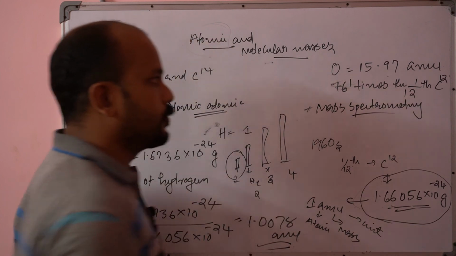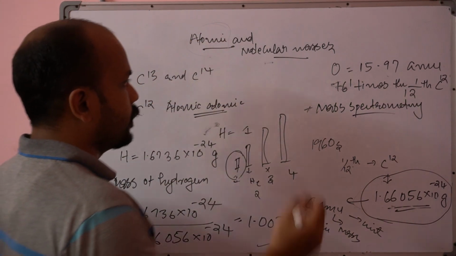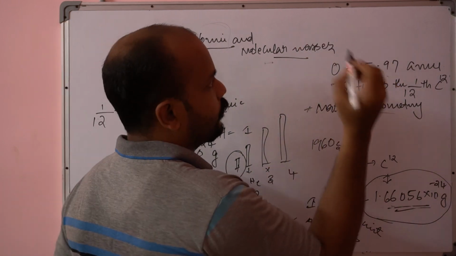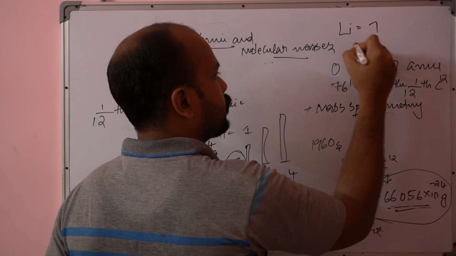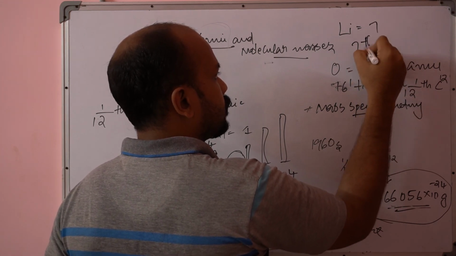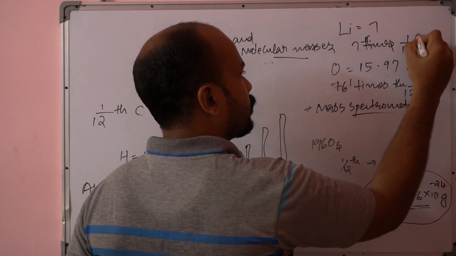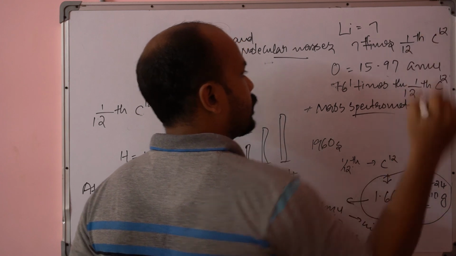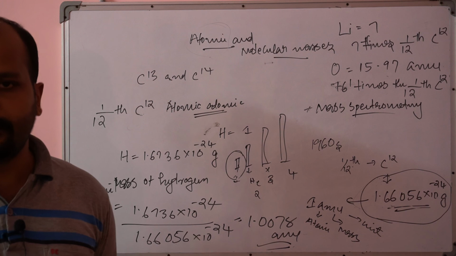That is what it signifies. Or if you take the atomic mass of lithium, that is around 7, which means it is 7 times the mass of 1/12th of carbon 12. Previously, instead of 1/12th of carbon 12, the scientists were using the mass of hydrogen.